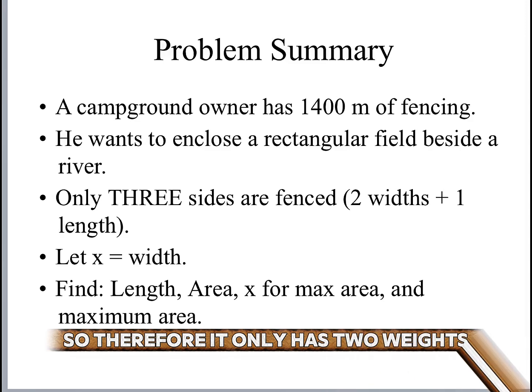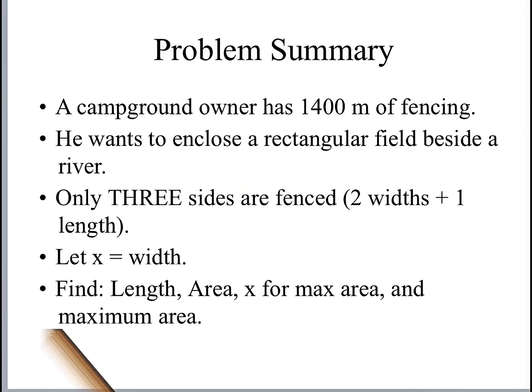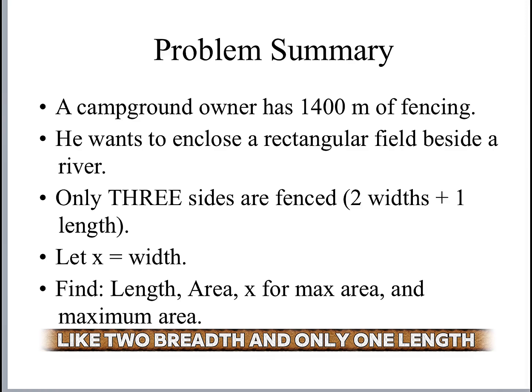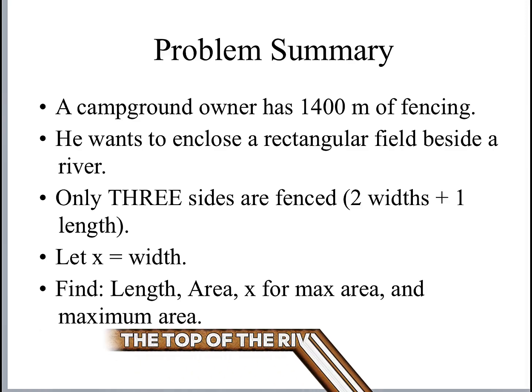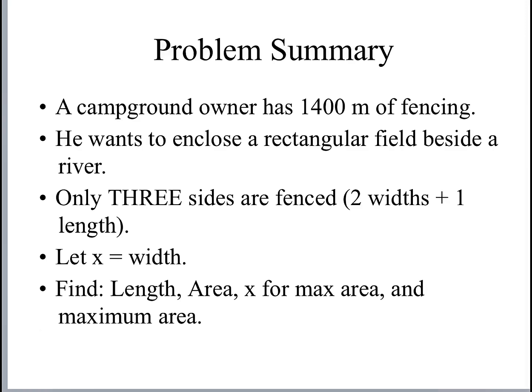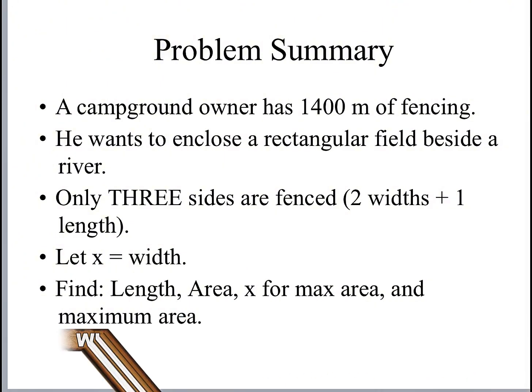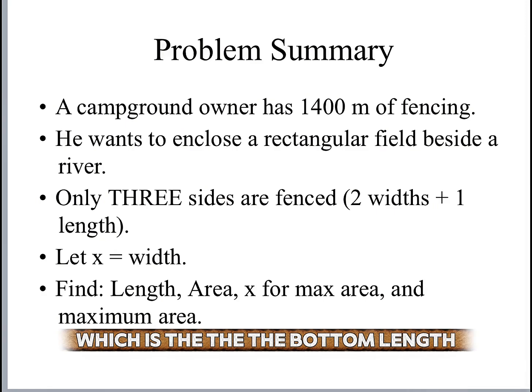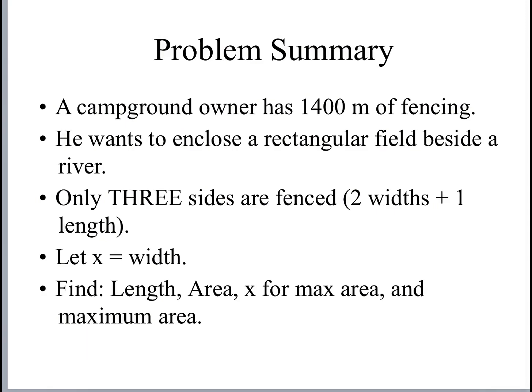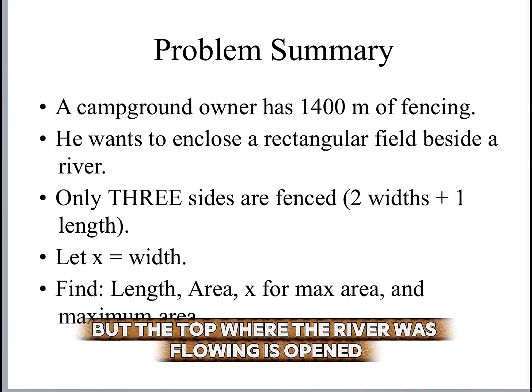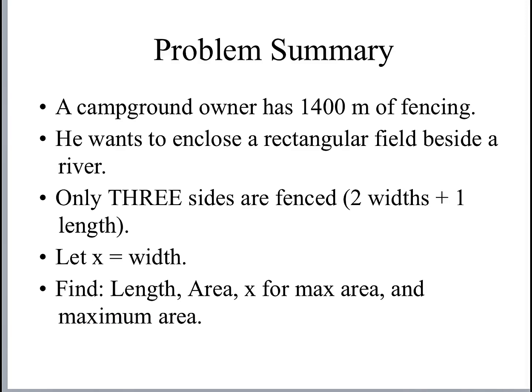So it has two widths, which we call breadth, and only one length. The top where the river is flowing is open, but the sides and the bottom length are fenced.